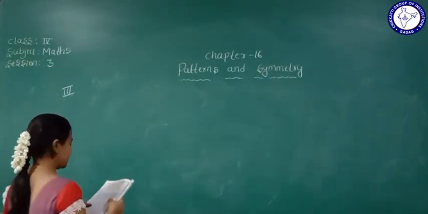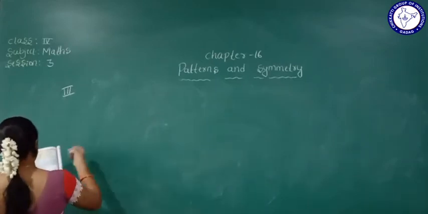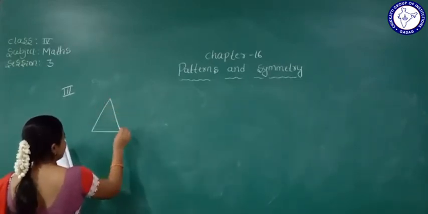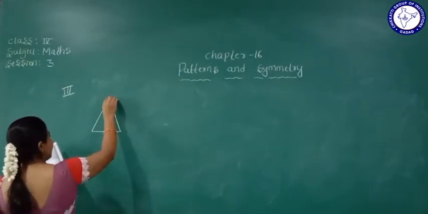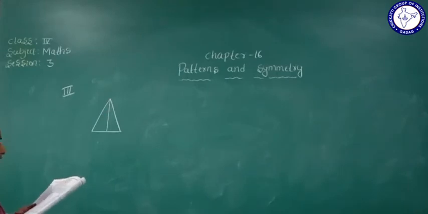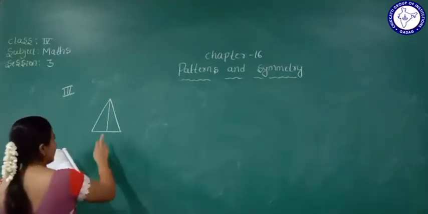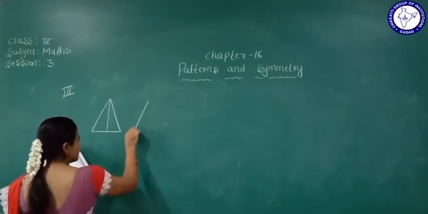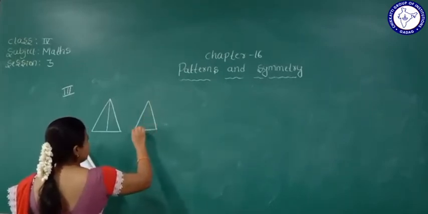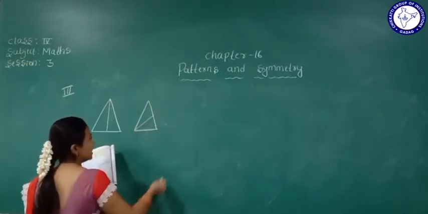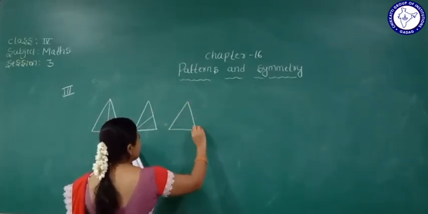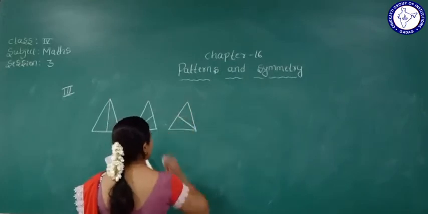Yes, so here see geometrical shapes. For example, we can take a triangle. So in a triangle we can make two divisions, like this also it comes, that is also symmetry. And here see, this is also symmetry, folded one above the other.